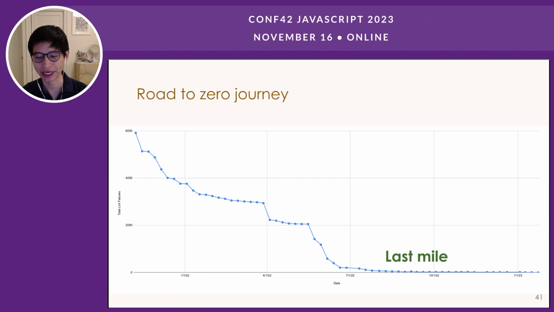Granted, I did go on paternity leave around July 22, which is right in the middle of this. So I was not able to bug the teams as much and run some of these emails, but it still took a long time and a lot of hard work to get through the last mile.